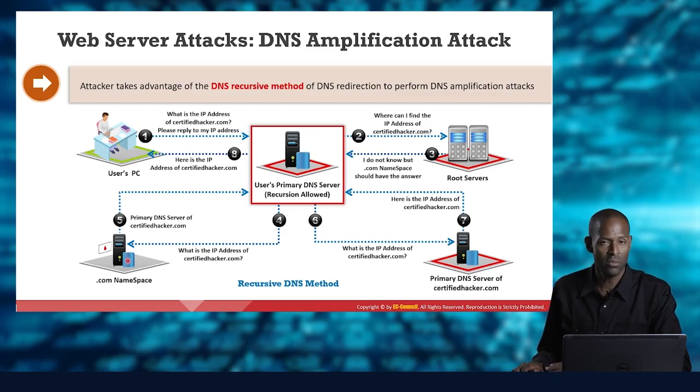And the .com server says, yes, I certainly do have the IP address for certifiedhacker.com. So that entire escapade through all the levels of the FQDN of the name that needed to be resolved from the TLD all the way up, that is what we call an iterative lookup.